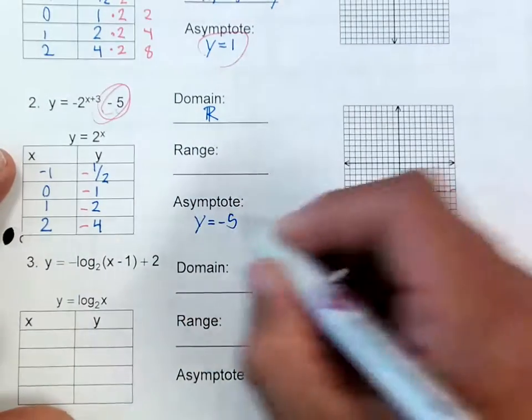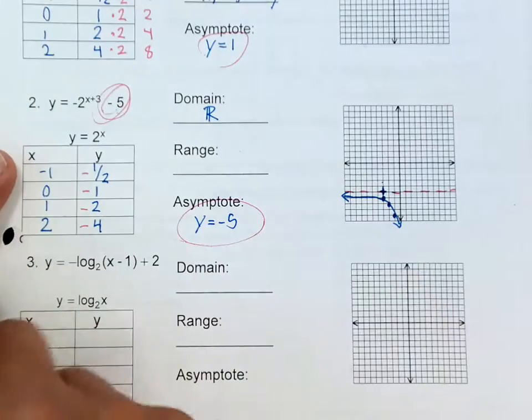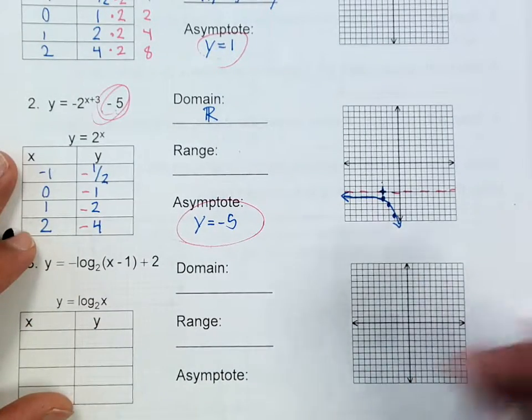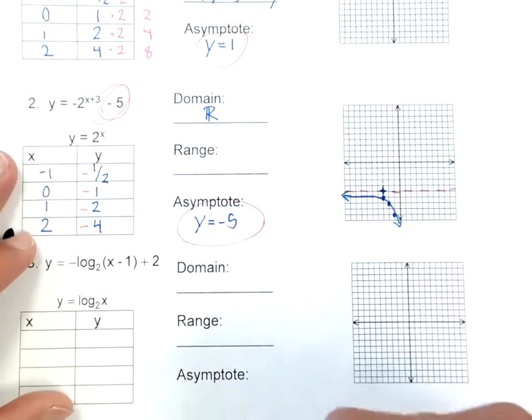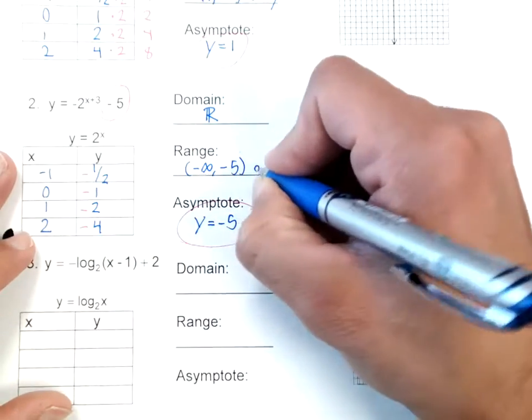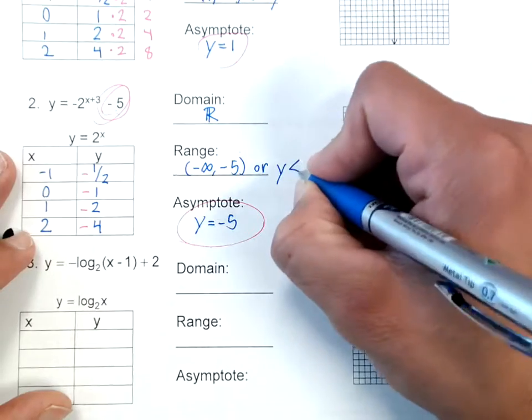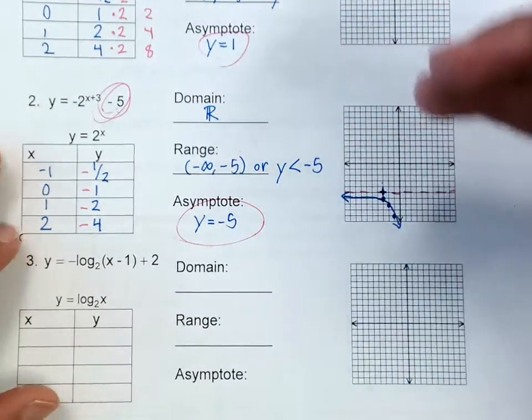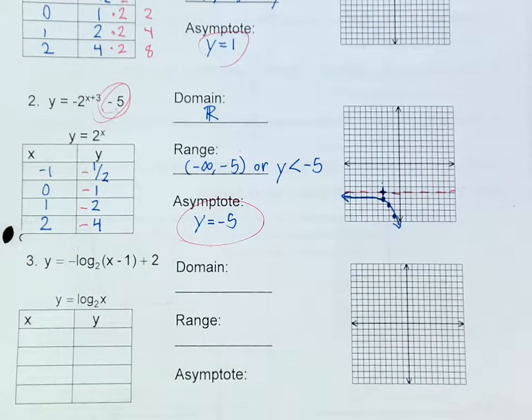And I'm just going to circle these. So remember, they have to be the same. All right. And then the range, the highest point is negative 5. The lowest point is negative infinity. So between negative infinity and negative 5, or y is less than negative 5. Right? It's less than negative 5 because it's below that line. You cool with that? You may not be cool with that. I don't care. All right, moving on.